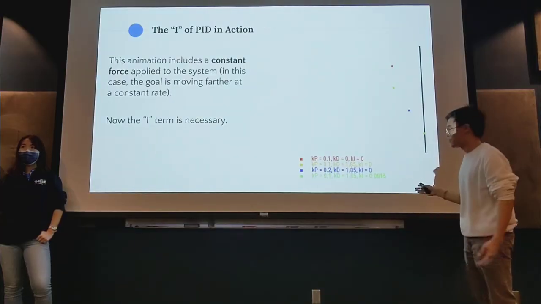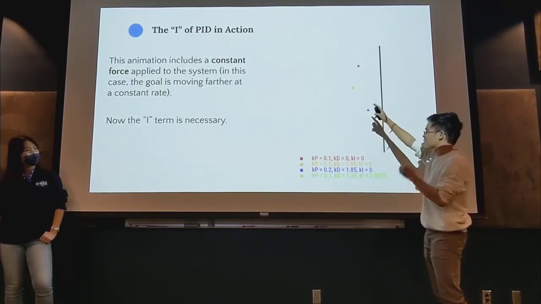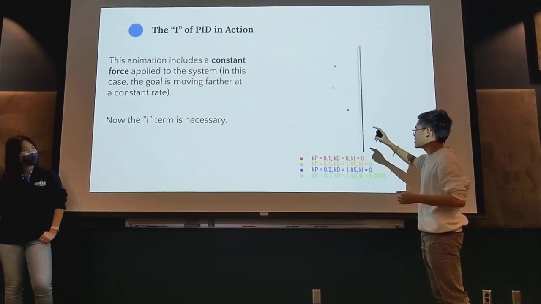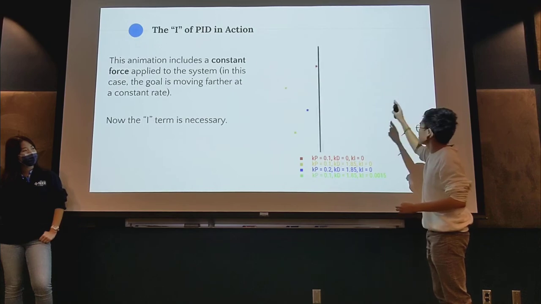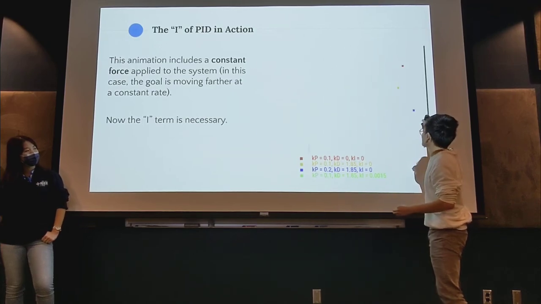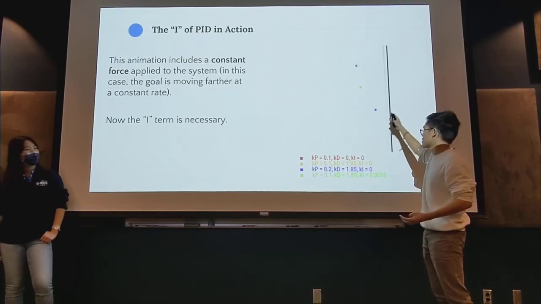But this is an example of if we did need it, if we're chasing after something that's moving away from us and we have our P and our D but no I. It would look like one of these top three, where we can't see that it keeps running away from us and we're not making any real progress.